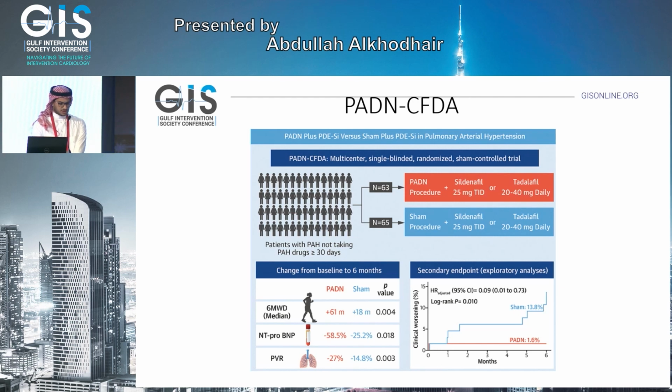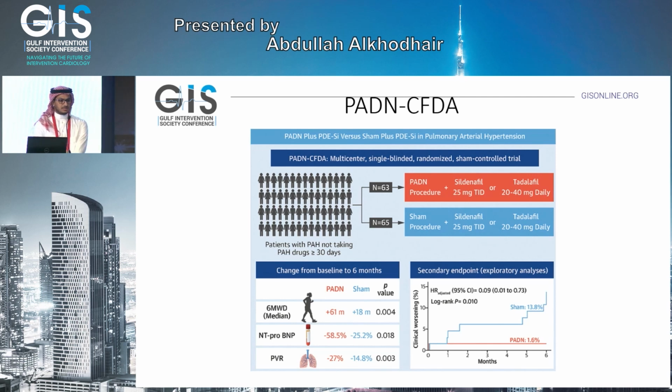What you can see at the bottom here, the group who received PADN had a better 6-minute walk test, more reduction in the biomarker levels, and more reduction in PVR. And also, as a secondary endpoint, less worsening of their disease compared to the other group.